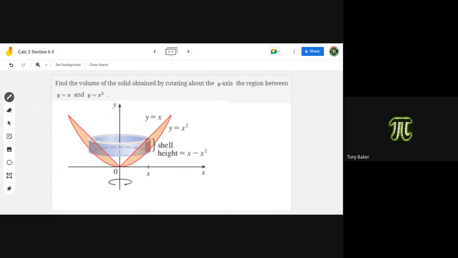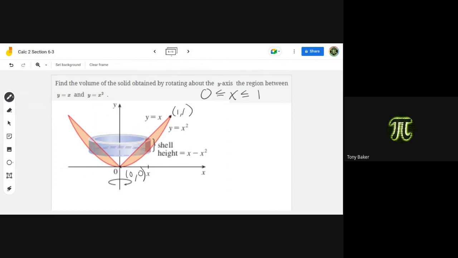I'm going to make your life a little easier. Actually, it's the x values, from 0 to 1, because these intersect at 1, 1 and 0, 0.